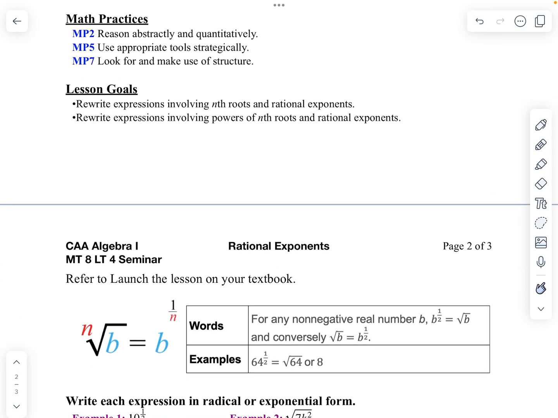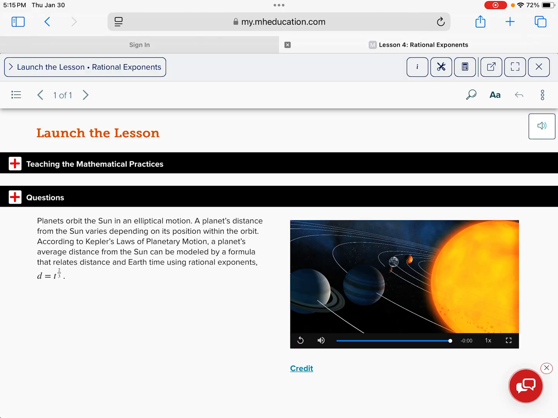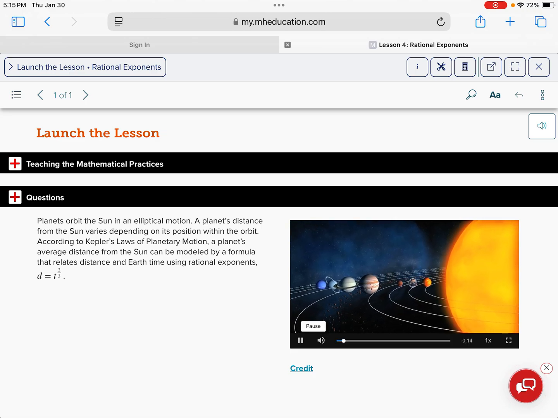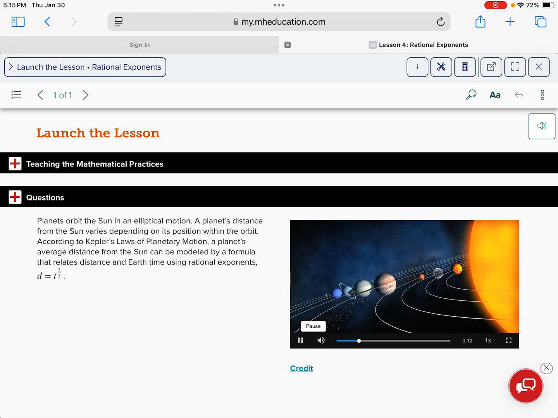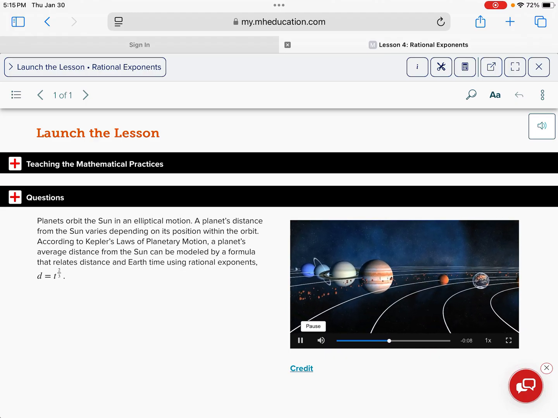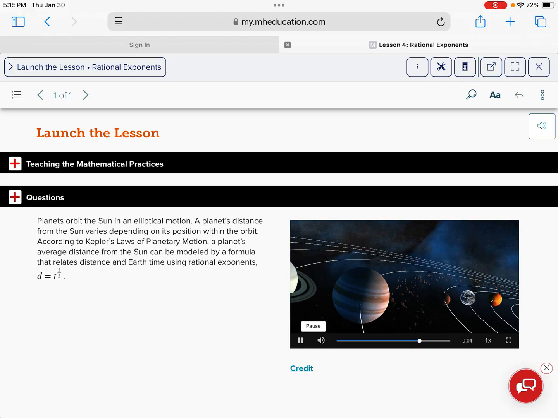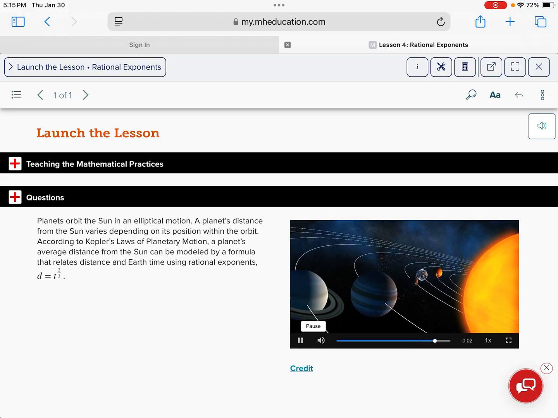Now we're going to refer to the launch lesson in your textbook, but since we're watching the video, I've got it open for us. In this launch lesson, we look at how we rotate around the sun. We do not rotate around the sun; we rotate in something called an ellipse. An ellipse is almost like a circle, just a little bit more oval shaped.